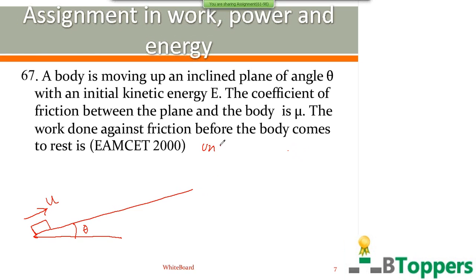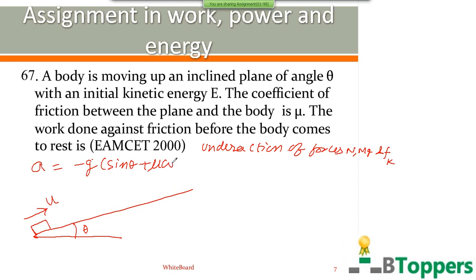Then the acceleration of the block during ascent, when it moves with retardation under the action of forces, normal reaction, mg and kinetic friction, is given by a equal to minus g into sine theta plus mu cos theta. Mu is the coefficient of sliding friction here between the body and the inclined surface.